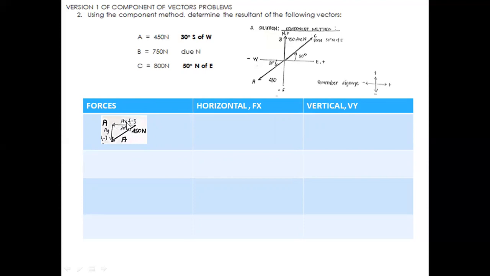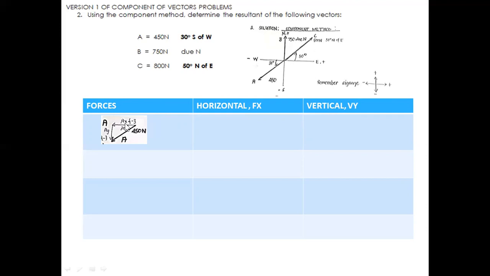So for AX, it is negative. For AY, it is also negative because our signage must be in Cartesian plane mode.